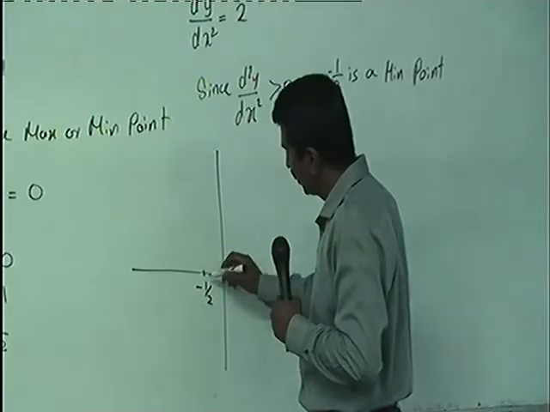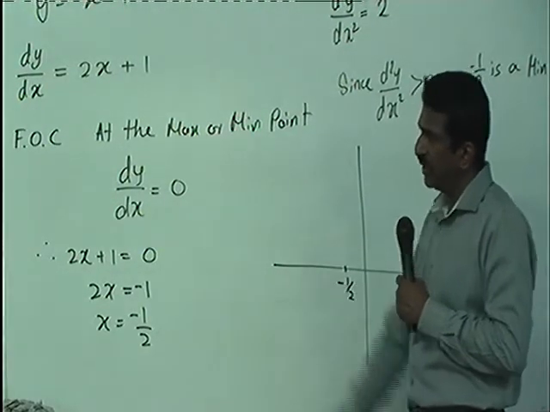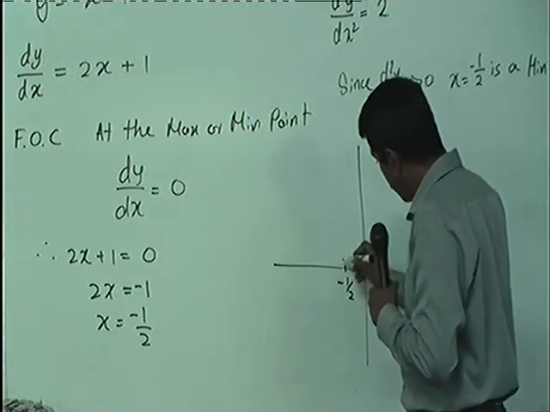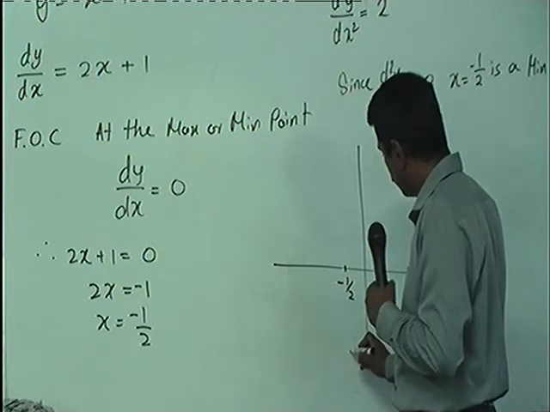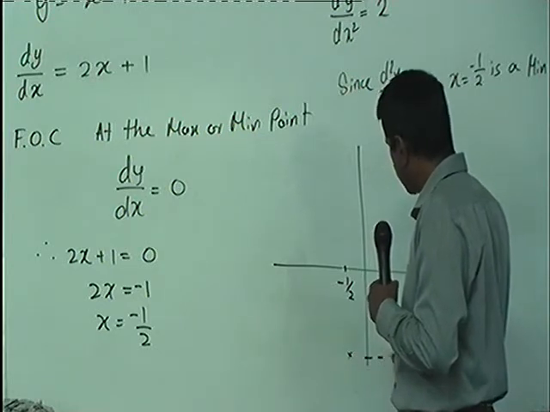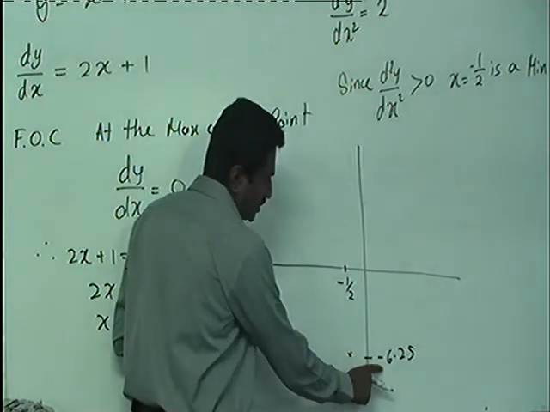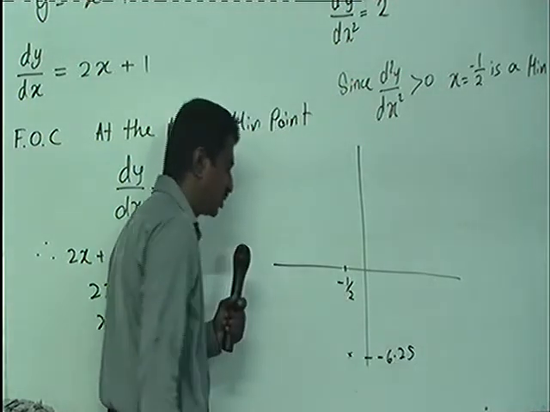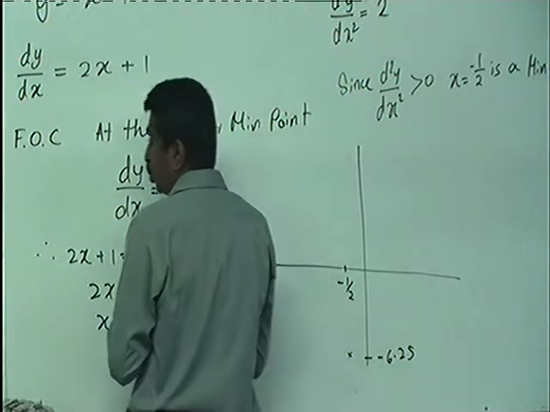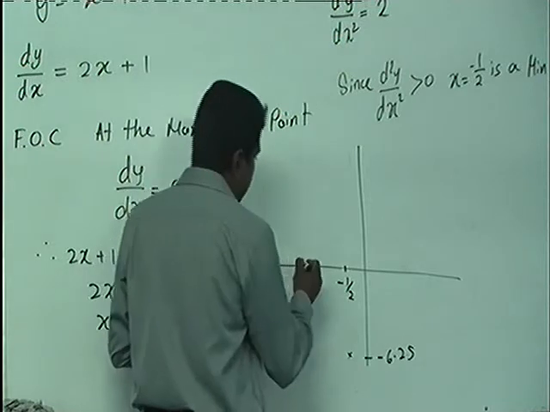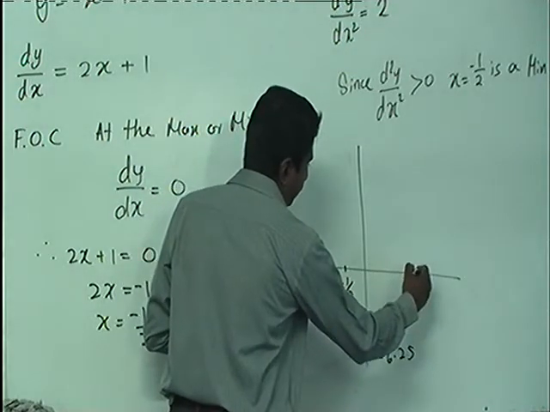Now this is the curve. This is the graph where we are going to put minus half. Then we know for sure the minimum value is minus 6.25, that is the value we got. Then the curve will intercept the axis at two values, x equal minus 3 here, and plus 2 somewhere here.